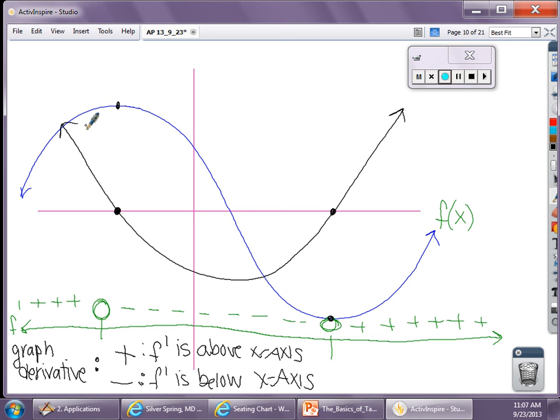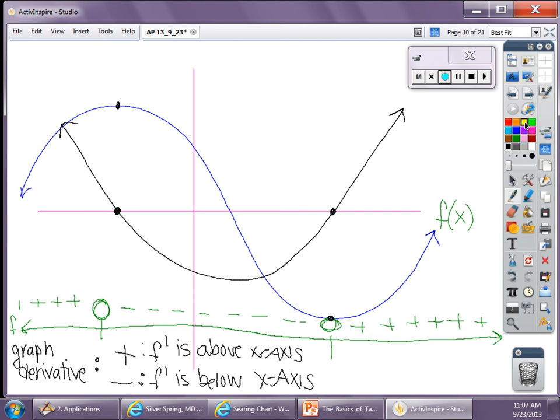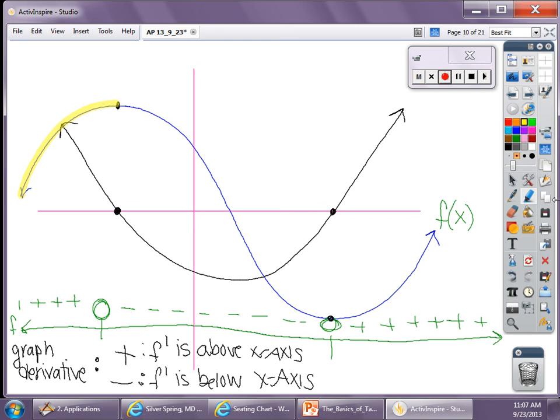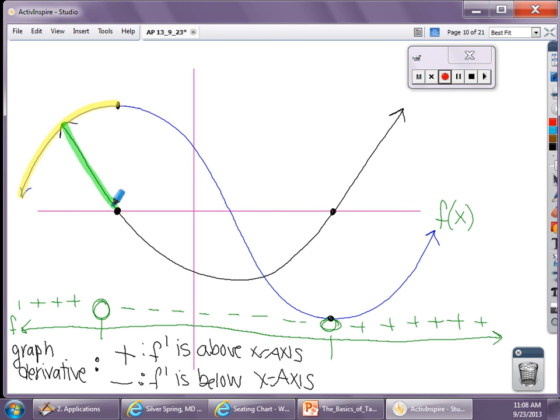All right. Therefore, let's see if it makes sense. I'm going to use highlights just to see if it makes sense. Where's my highlighter? There it is. All right. So, because this part of the graph increases, does that make sense with this part of the graph that is positive? So that yellow, that should happen every time.